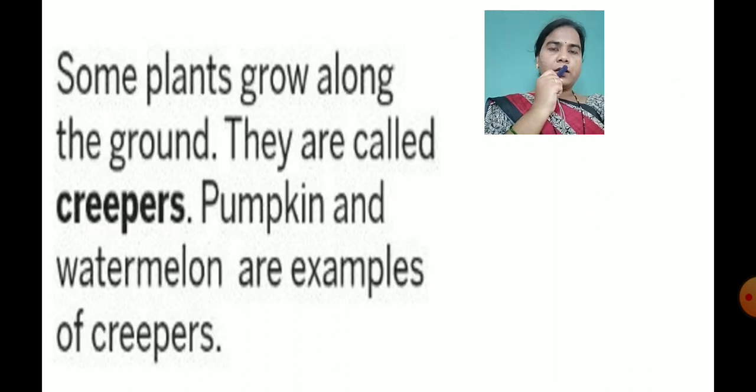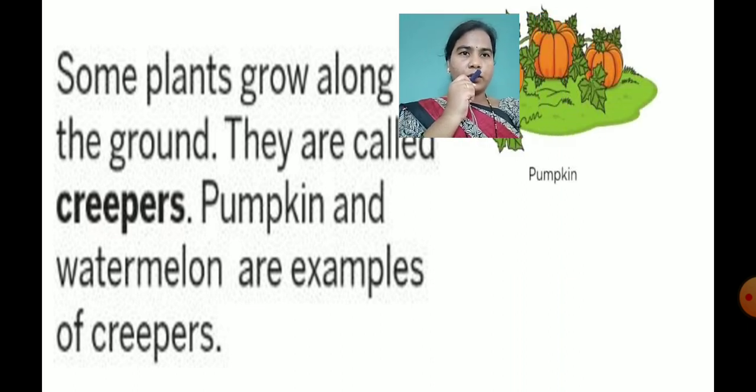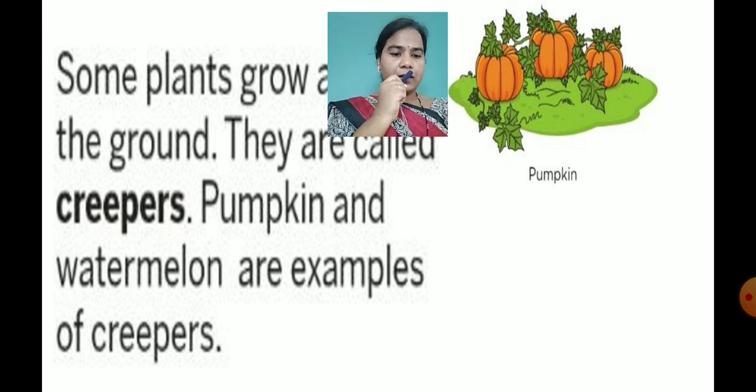Now next one, some plants grow along the ground. They are called creepers. Pumpkin and watermelon are examples of creepers. Now children, there are some plants that we can see grow along the ground. As you can see in the picture of the pumpkin plant, it grows along the ground.